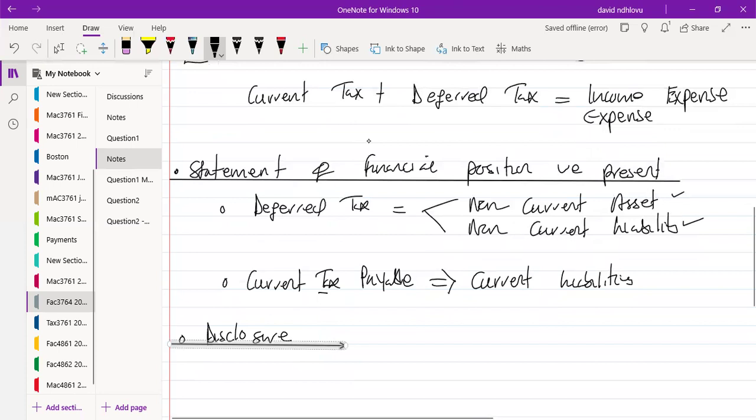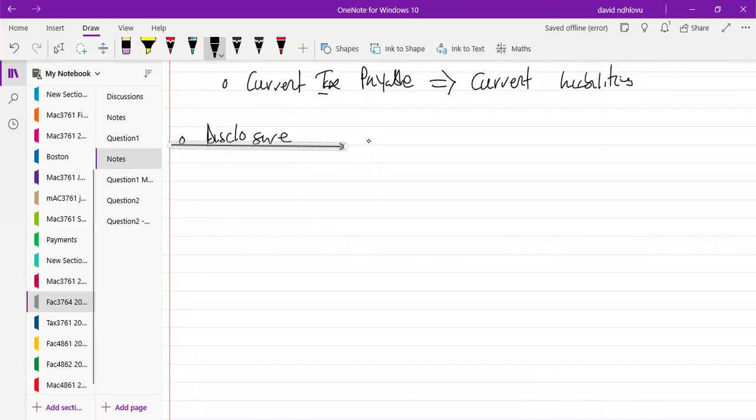I think we did a good job in explaining current tax. Let's just recap. What do you understand, good people, by the term current tax?